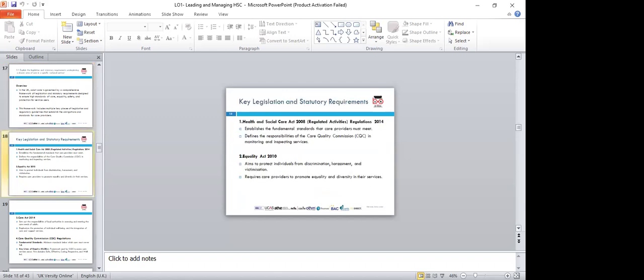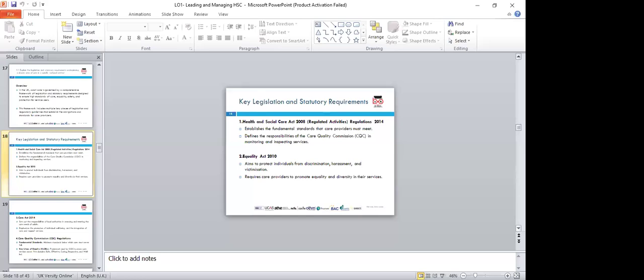First, the Health and Social Care Act 2008. It established the fundamental standards that providers must meet, and defines the responsibility of the Care Quality Commission in monitoring and inspecting services.